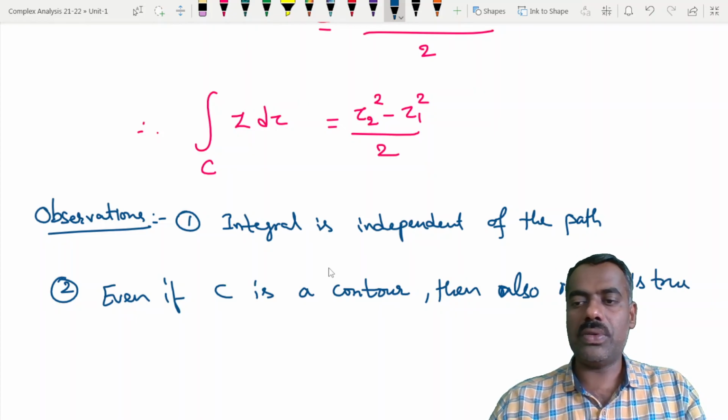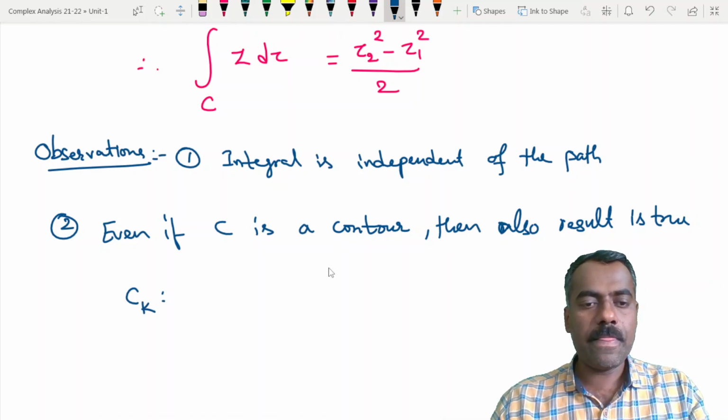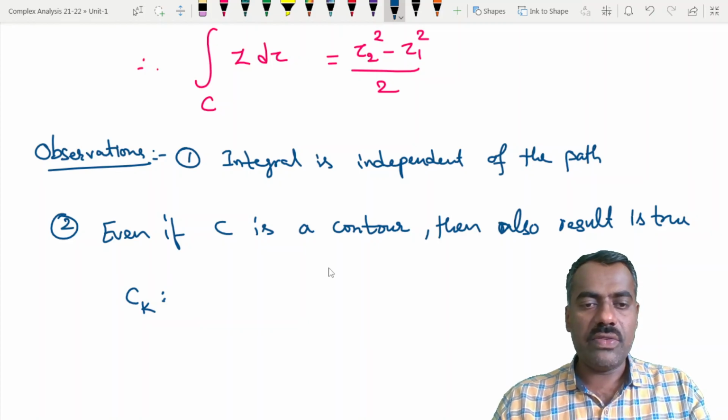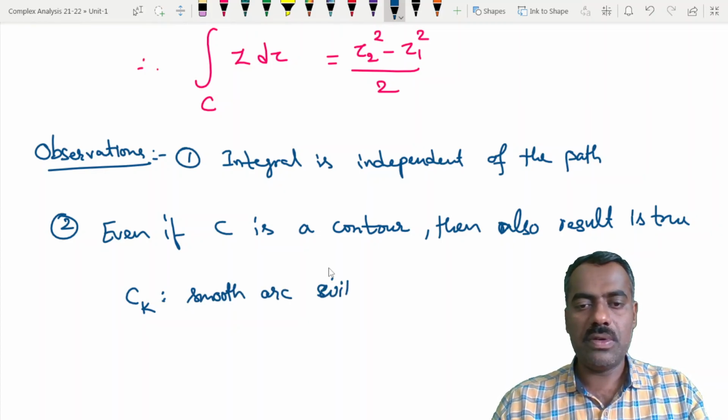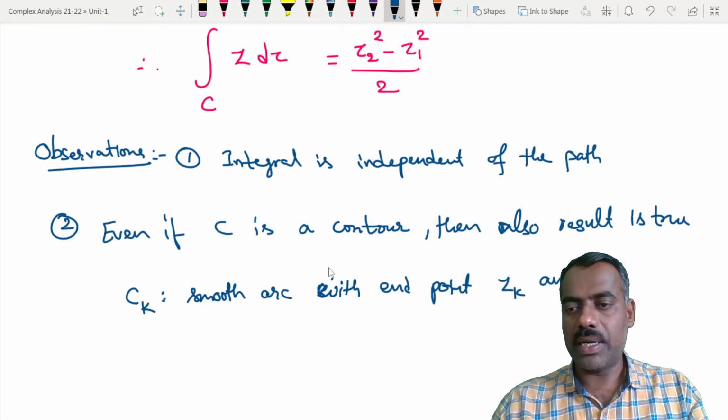That means it depends only on endpoints. Say C is a finite combination of Ck end to end, where each Ck is a smooth arc with endpoints zk and zk+1.